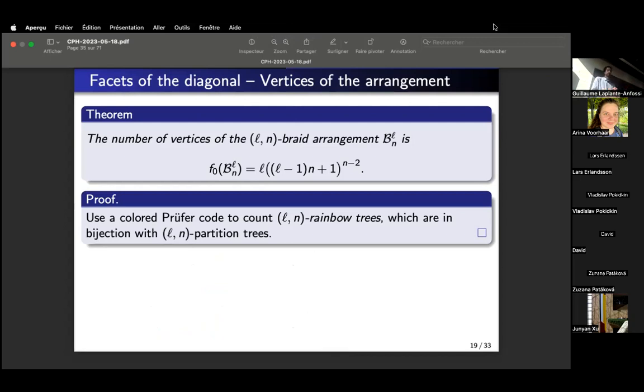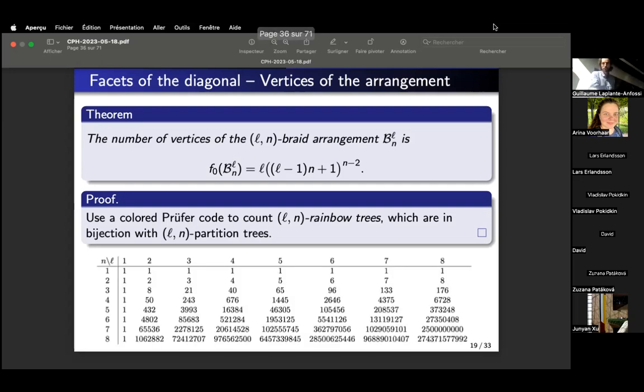This is a technique that is well known in combinatorics: if you want to enumerate trees, you can use a Prüfer code which encodes the construction of your tree. And so that's one of the results. You have the numbers at the end of the page.